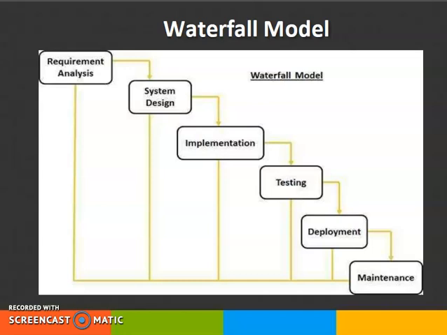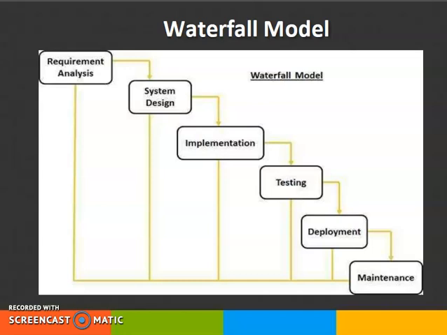Here the steps in the system development life cycle, such as requirement analysis, system design, implementation, testing, deployment and maintenance, are carried out in a sequential manner. Once a particular step is finished and its activities are completed, they proceed to the next step.